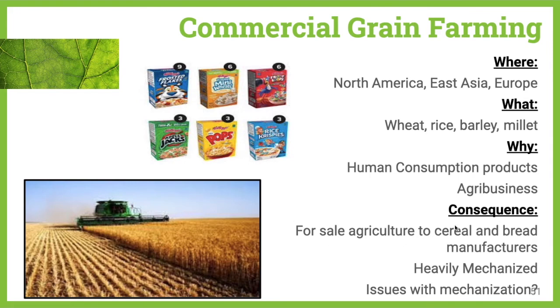We're talking about cereal, bread, these big companies and things that are consumed by many people across the world on a daily basis. There's a lot of mechanization involved in this. Because it is extensive farming, we've seen advancements in technology in this industry over time, and it's become heavily mechanized. Big pieces of equipment like you see here.